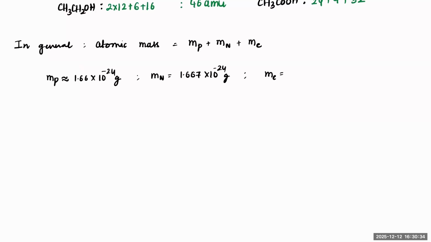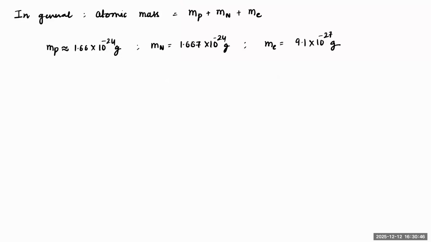While mass of electron comes out to be 9.1 into 10 raised to power of minus 27 grams, which clearly suggests that the value for electron is too small. In fact, mass of proton is approximately 1836 times that of electron. Important information.